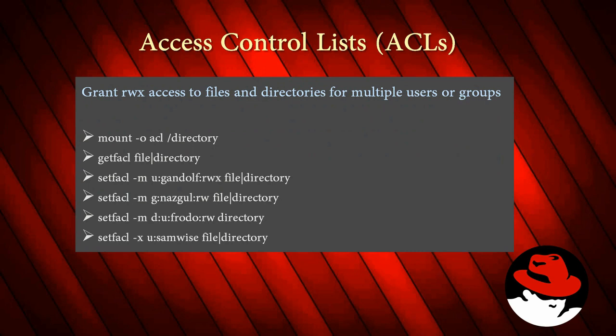The command mount -o acl directory is used for mounting, and getfacl for getting the access control list. And you can also set access control lists with the setfacl command.